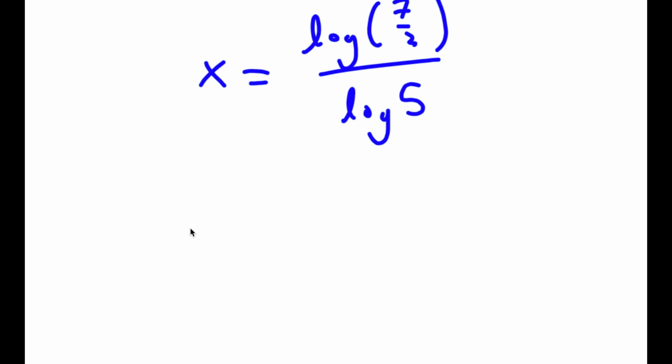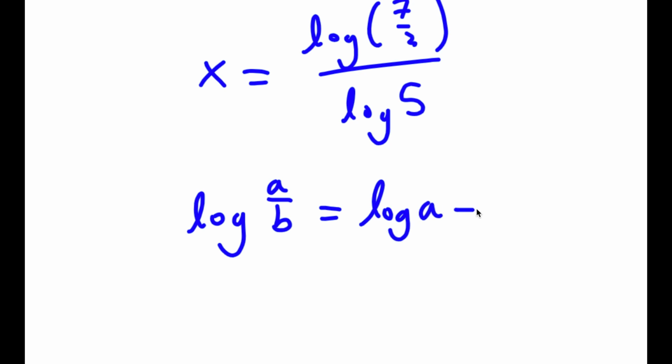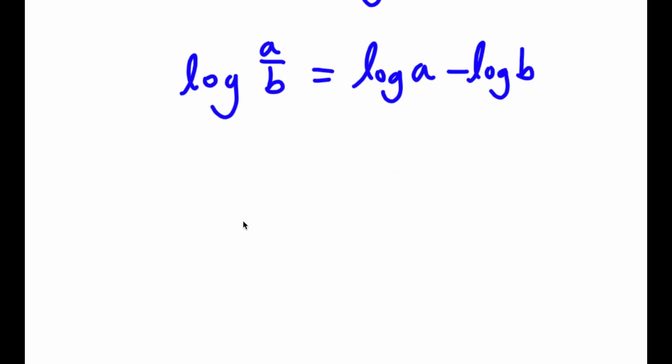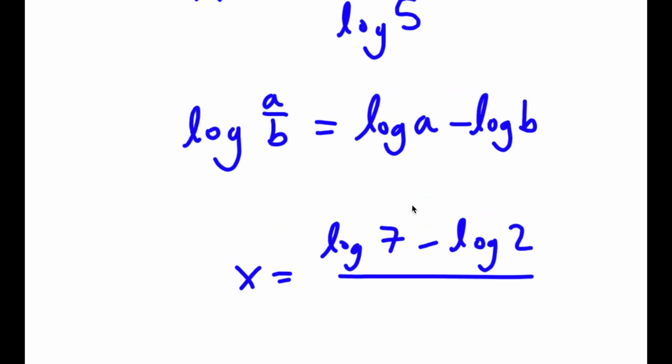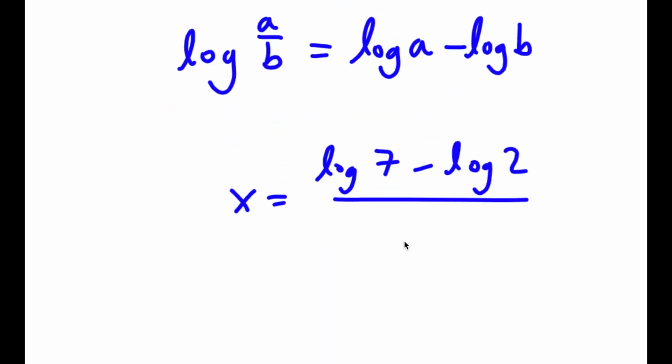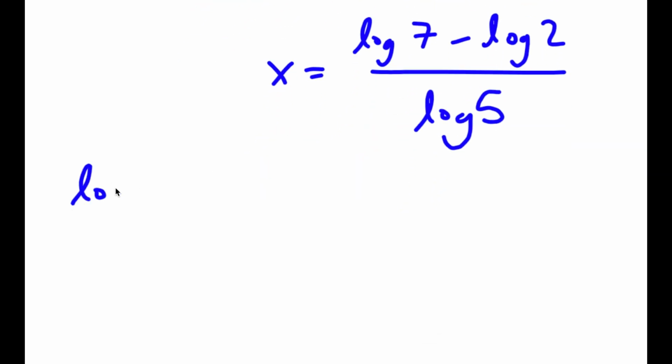Now, if I have something in the form log a over b, this is equal to log a minus log b. So in this case, log 7 over 2, that's going to equal log 7 minus log 2. And I have this over log 5. Now log 7, this is equal to 0.8451.